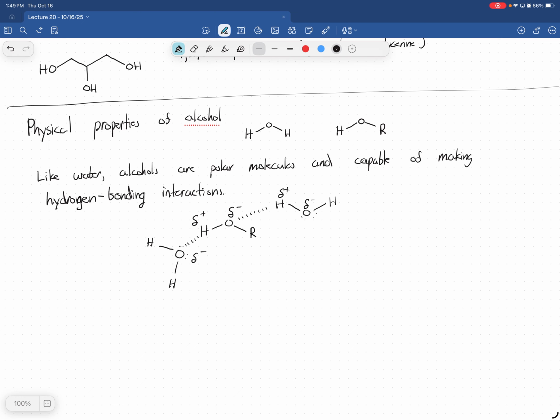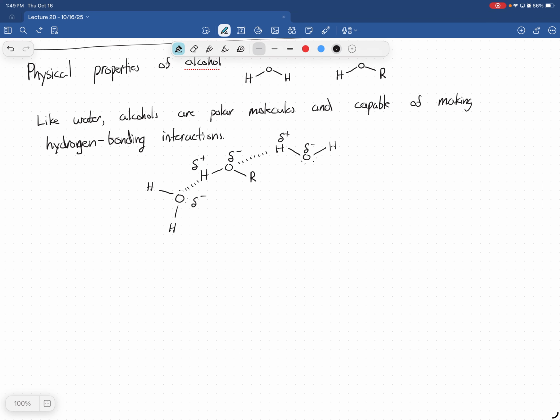So don't forget that these interactions exist, because you never know. It might actually explain why these boiling points are higher for alcohols relative to alkanes, and you want to be able to show this interaction. Okay? So as a result of this, solubility would increase. And compared to alkanes or haloalkanes, how do you think their boiling point would change? Higher or lower?